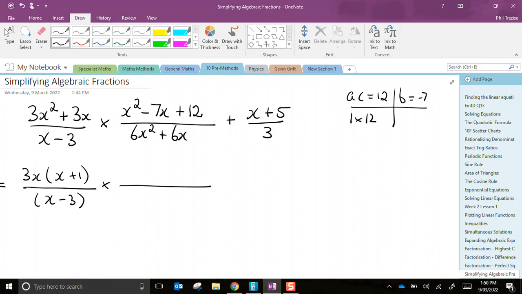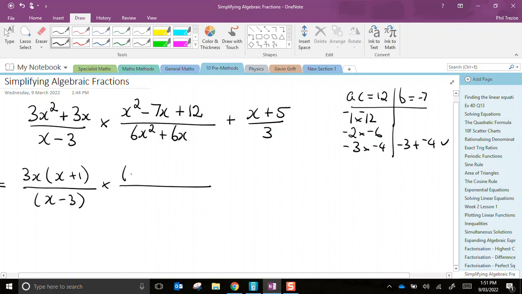I need a negative number, so I must be talking about two negative numbers here. Now they still multiply to give 12 but they don't add to give the right answer, so let's try negative 2 times negative 6. They don't work. Let's try negative 3 times negative 4. Now that's okay because negative 3 plus negative 4 does add correctly.